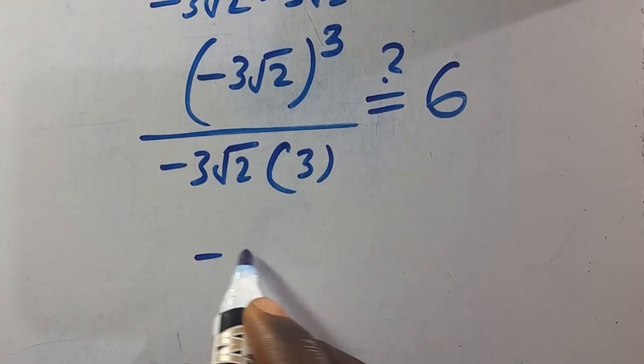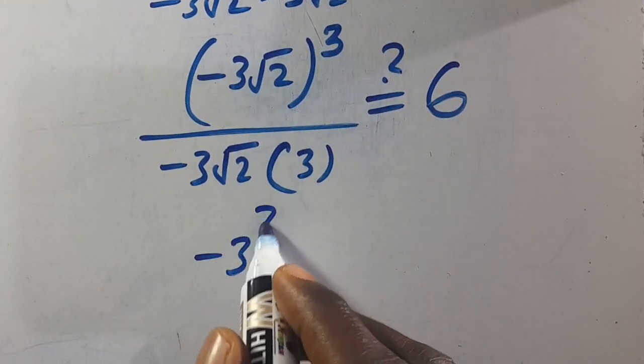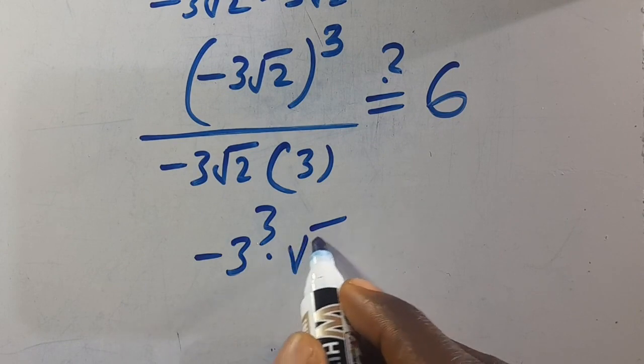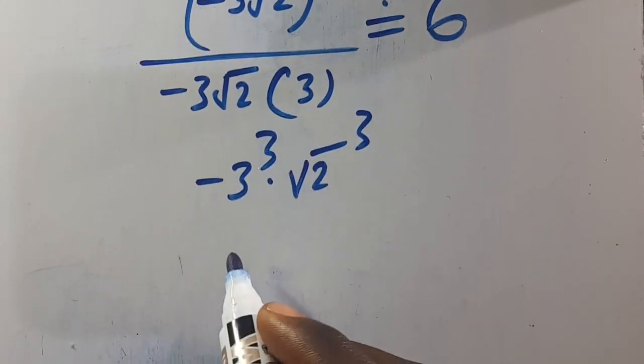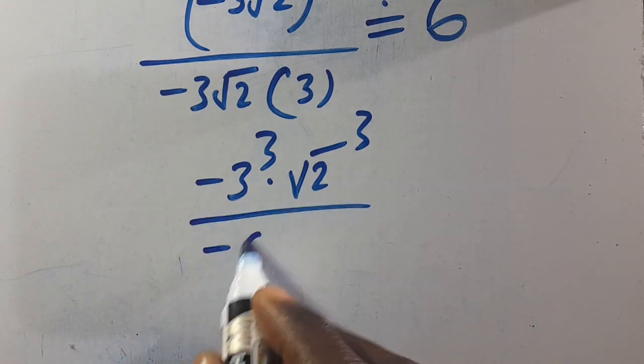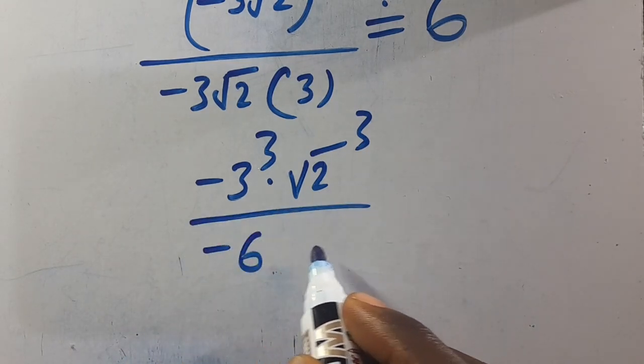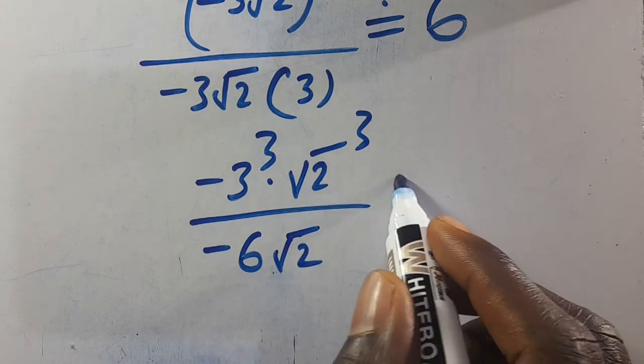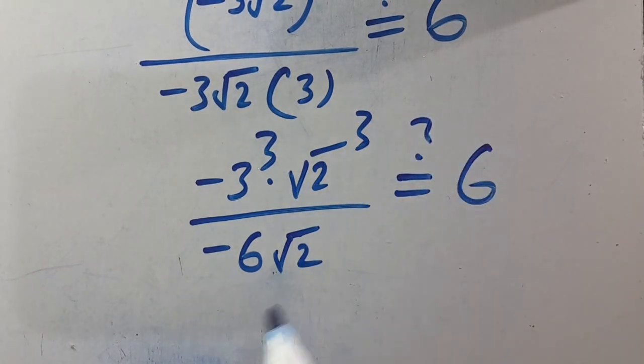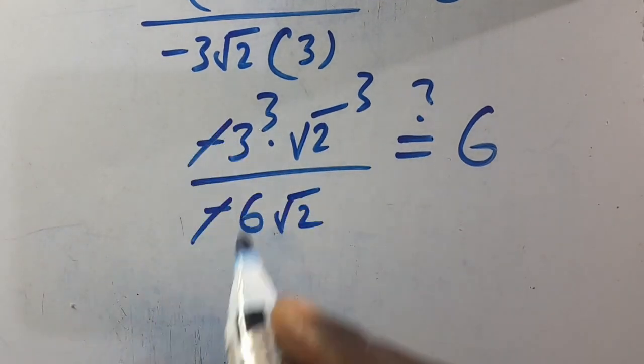From here we have minus 3 to the power of 3 multiplied by root 2 to the power of 3, divided by minus 9 root 2. Then it's going to give you 6. This minus will cancel this minus.